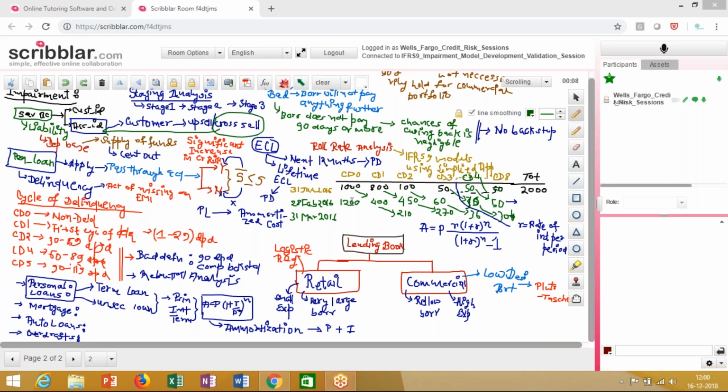Now, if I am the Federal Reserve of the US, and I want to assess whether Citibank is adequately provisioned or not, then I will be looking into the CECL guidelines as a framework.